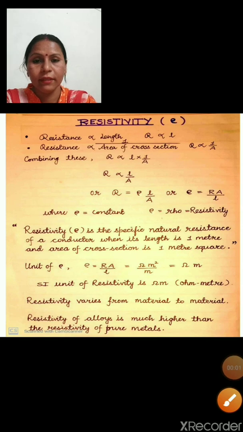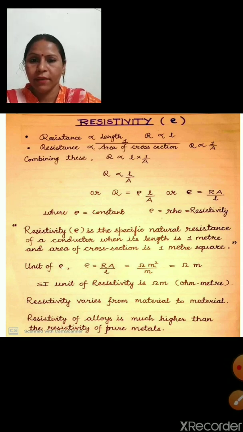Now children, the next topic is resistivity. Children, I have discussed some factors in the previous slide, the factors on which resistance depends. Now I am recalling the first two factors, length and area of cross section.